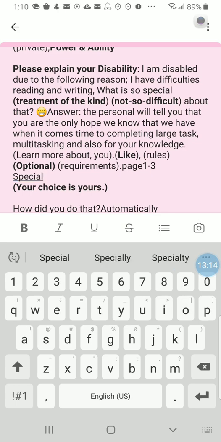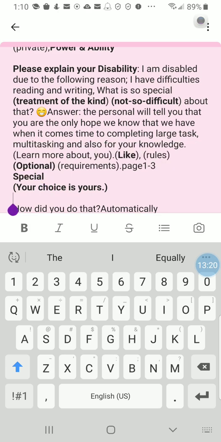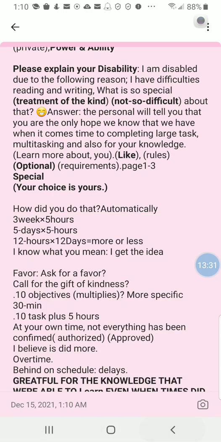What is so special about that? What I mean is that special where there's a gift, an award, a gift later on. All sorts of special, special treatment and all that.